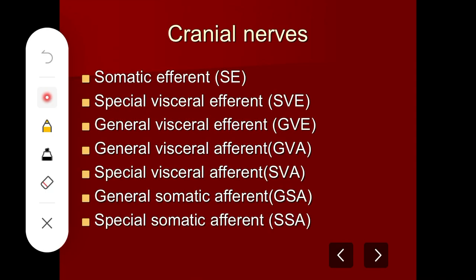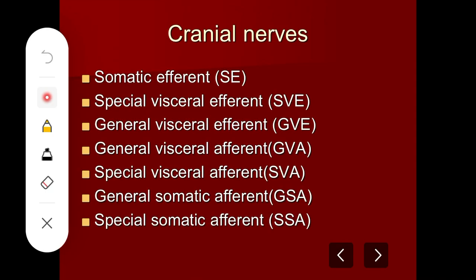Fine? Okay. So I said you have got 12 pairs of cranial nerves, and each cranial nerve will not be having all these functional components. Depending upon the function carried out, each cranial nerve will be having 3 or 4, or some may be having 2 of these 7 functional components. In short, these are the 7 functional components you find for a cranial nerve.